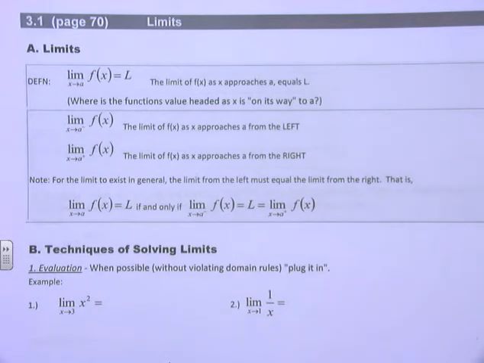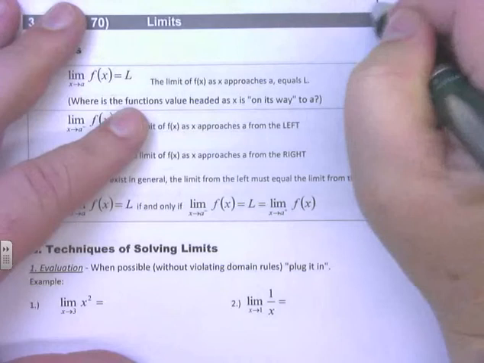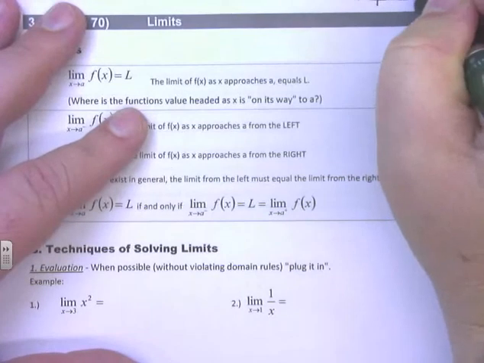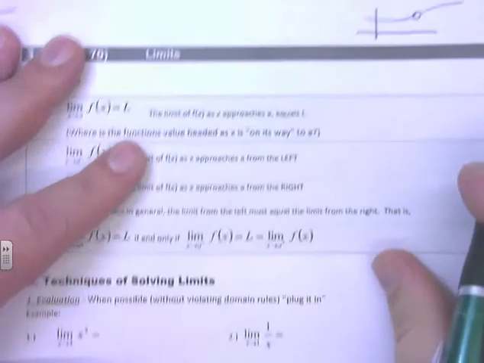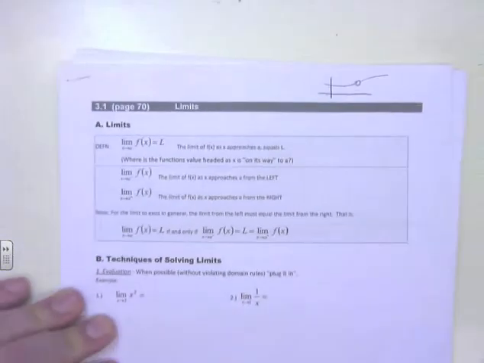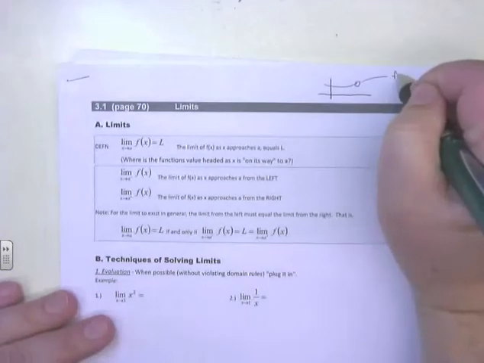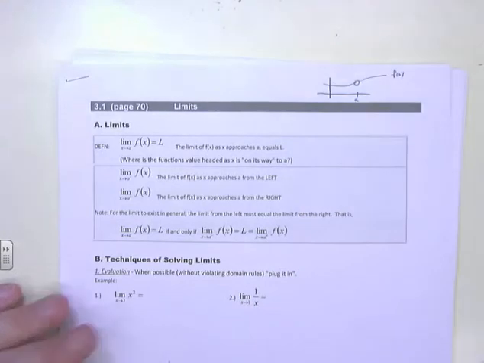So here's the idea behind limits. Okay? You've got this hole in your space. It's off the page there. Let me reduce it down. So here's some kind of function right here, and that hole is located at a. Okay?